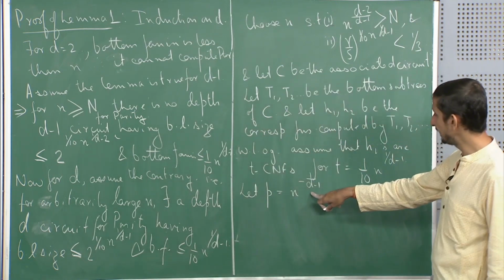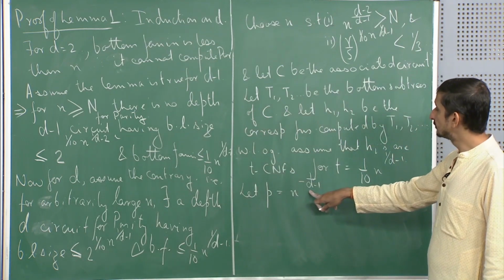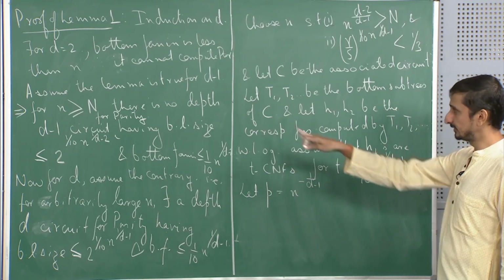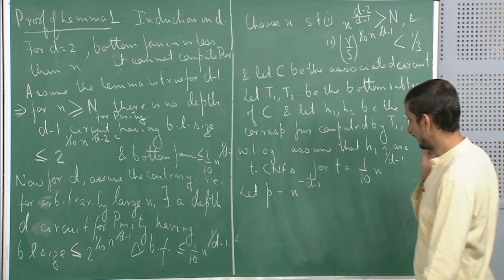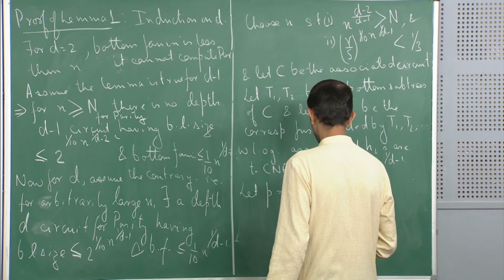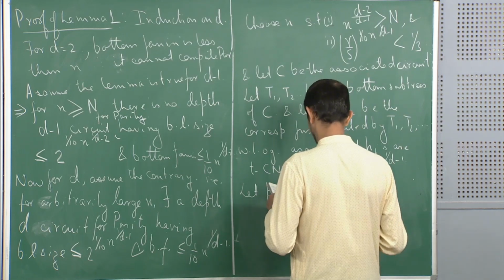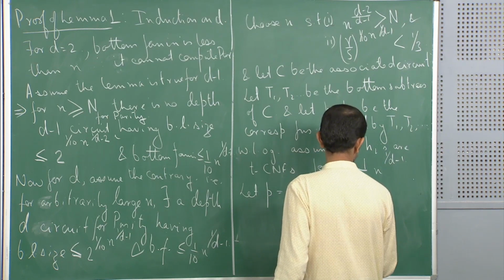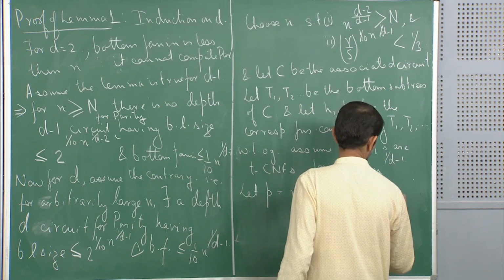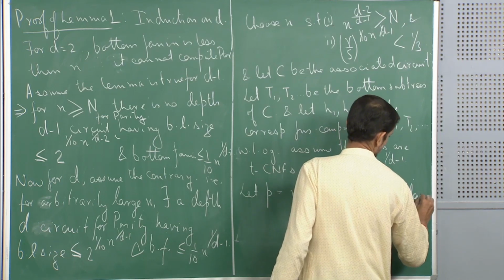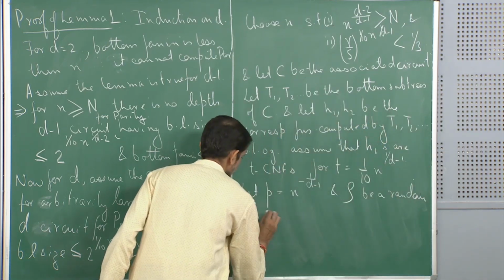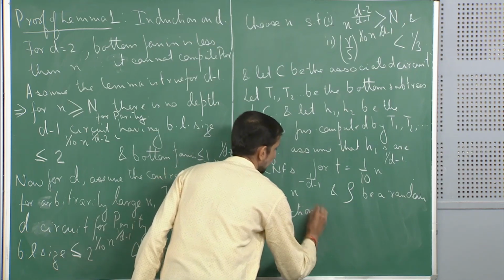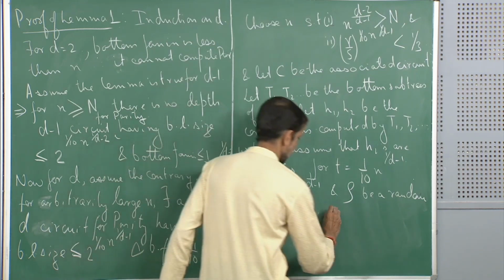Now note that for d greater than or equal to 3, this probability is clearly less than half, so it satisfies my condition that the probability is less than half. And let rho be a random p restriction.